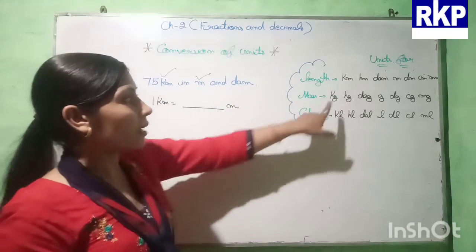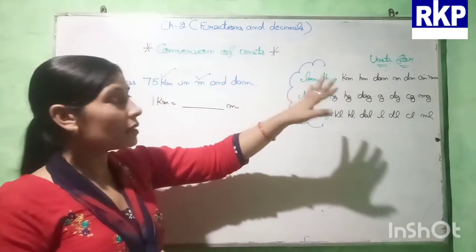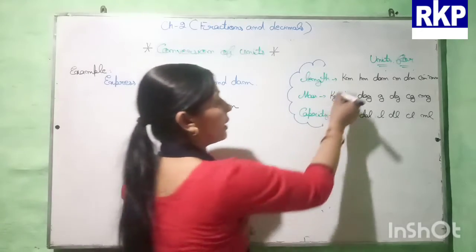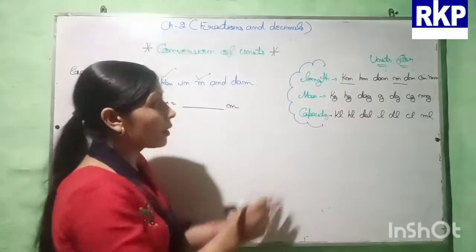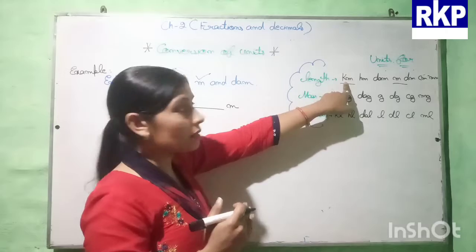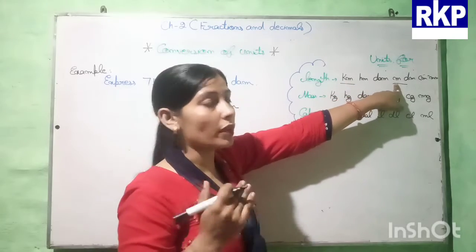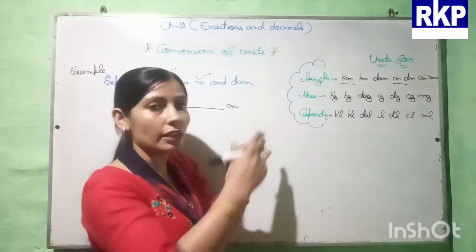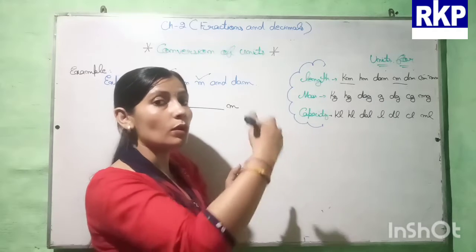Kilometer is a greater unit and meter is a smaller unit. So here we want to convert greater unit into smaller, so we need to multiply.